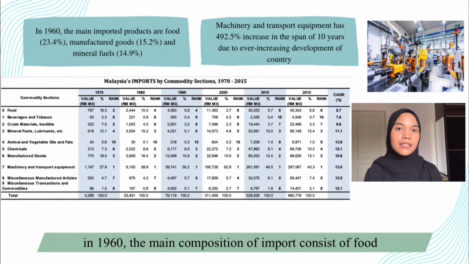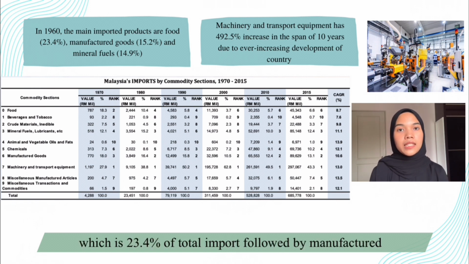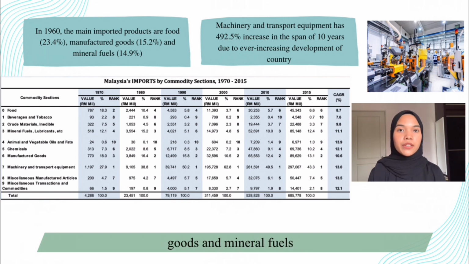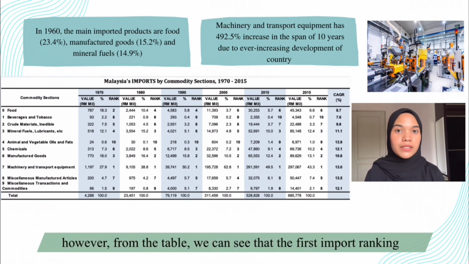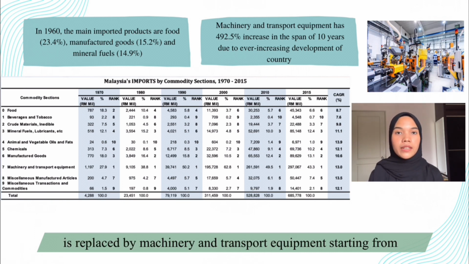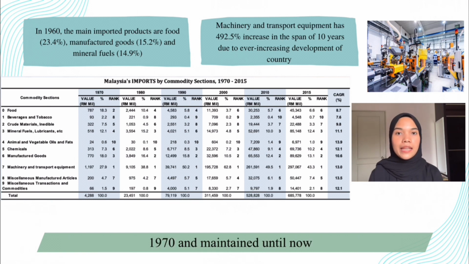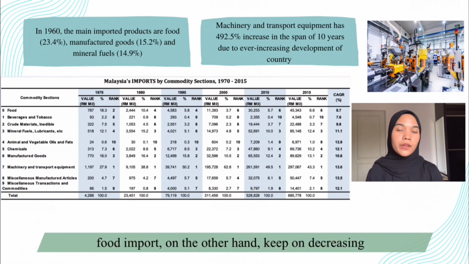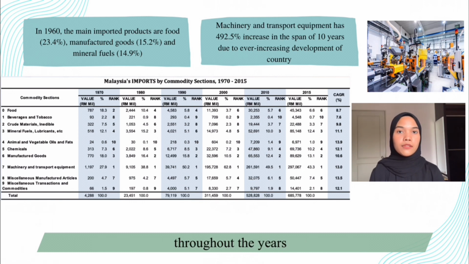In 1960, the main composition of import consists of food, which is 23.4% of total import, followed by manufactured goods and mineral fuels. However, from the table, we can see that the first import ranking is replaced by machinery and transport equipment starting from 1970 and maintained until now. Food import, on the other hand, keep on decreasing throughout the years.